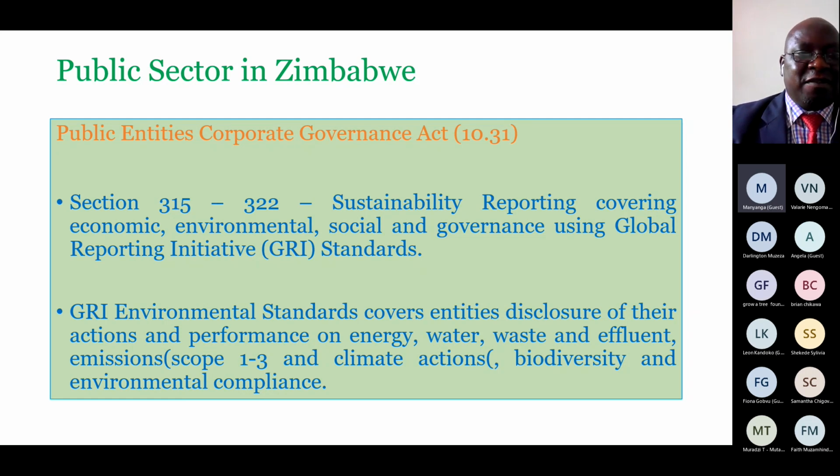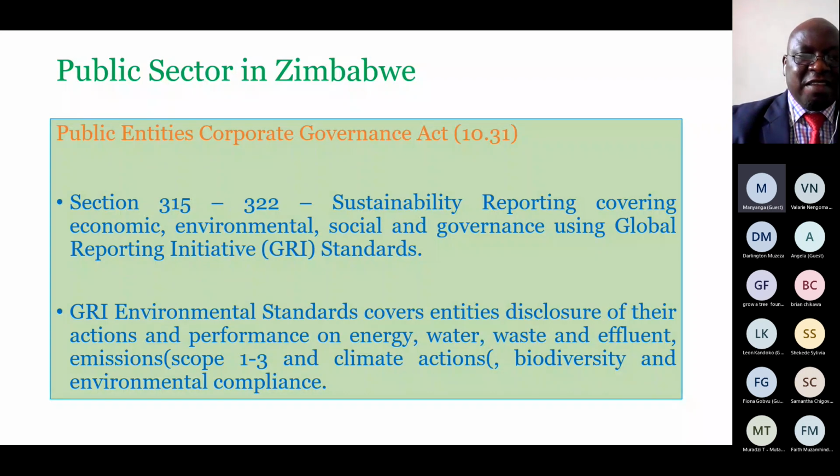This section covers climate actions or sustainability actions by parastatals, government departments, and state-owned entities. Their reporting should include what they have done on economic, environmental, social, and governance matters using the Global Reporting Initiative standards. These are international standards on ESG reporting.